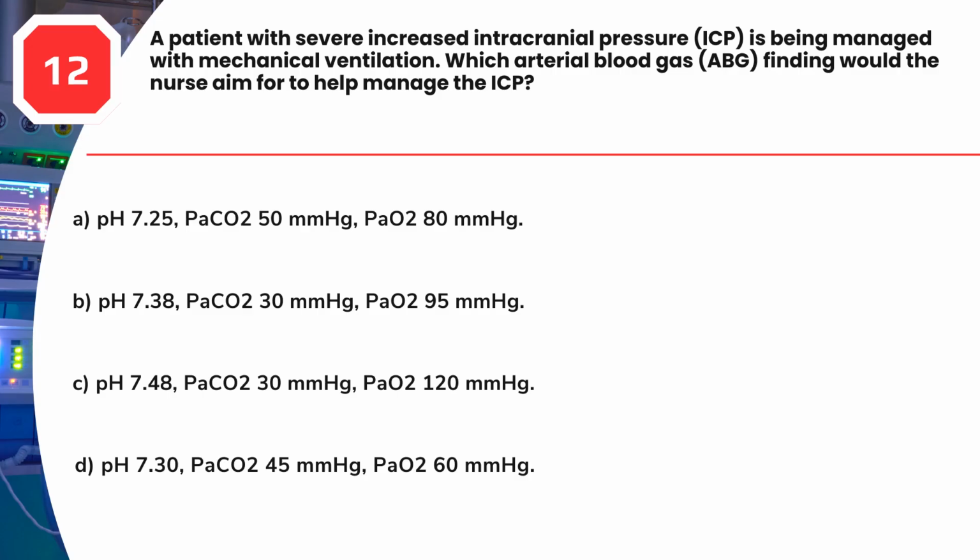B. pH 7.38, PaCO2 30 mm of mercury, PaO2 95 mm of mercury. C. pH 7.48, PaCO2 30 mm of mercury, PaO2 120 mm of mercury. D. pH 7.30, PaCO2 45 mm of mercury, PaO2 60 mm of mercury.